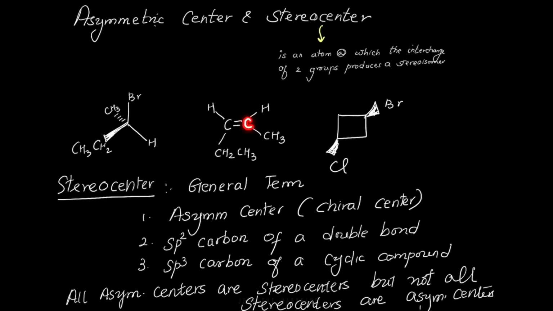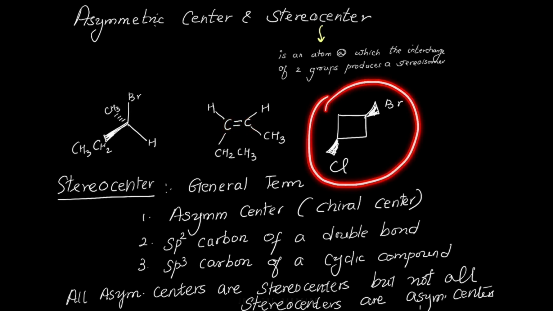And say for example, at this carbon, if I interchange these 2 groups, this original cis configuration can be changed to trans configuration. And because this is the place where the interconversion takes place, it is actually a stereocenter. And similarly, I can do the same thing on the other carbon. If I interchange this, then I can arrive at the trans configuration. So this is a stereocenter, this is a stereocenter.